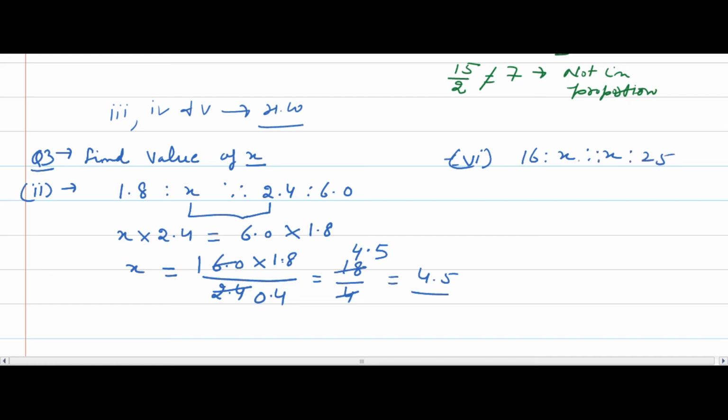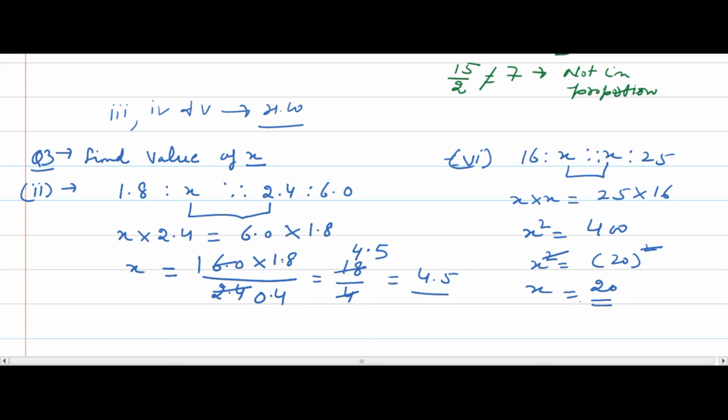Product of means x multiplied x equal to product of extremes 25. We will get x square equal to 400, which means x square equal to 20 square. Here square got cancelled, you will get value of x as 20. Right students?